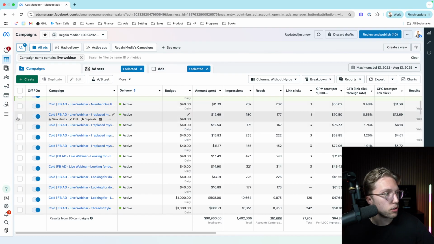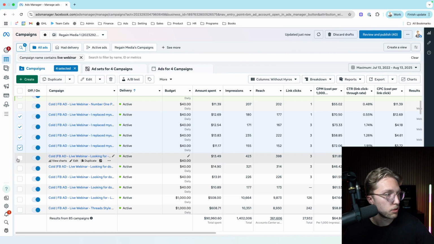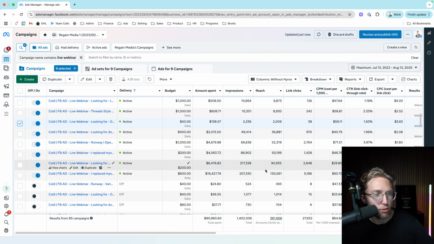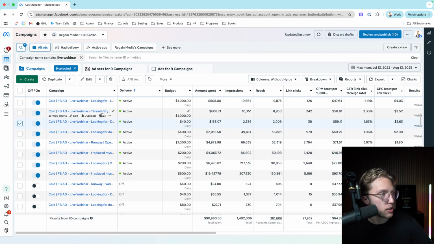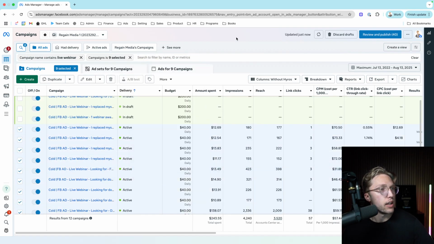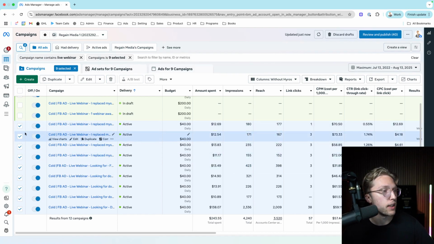Okay, so let me look at just the new campaigns. So all the $40 per day, boom, boom, boom, boom. As you can see, we have a lot of those because we want to build what we call an anti-fragile base. Anti-fragile what? The anti-fragile base is basically the fact that we have different angles, different variations that are working.